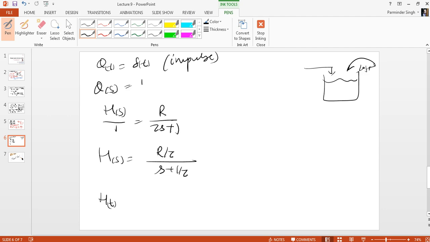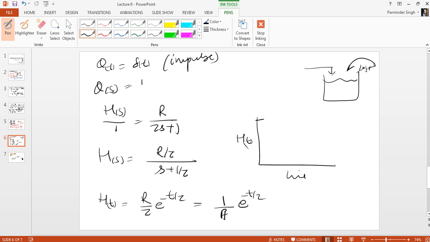So Ht becomes R by tau e to the minus t by tau, and tau is aR, so 1 upon a into e to the minus t by tau. So you see, if you suddenly increase the level, this is the Ht, this is time. Initially the level is very high, and then with the passage of time it decreases, and that decrease is represented by this exponential e to the minus t by tau.